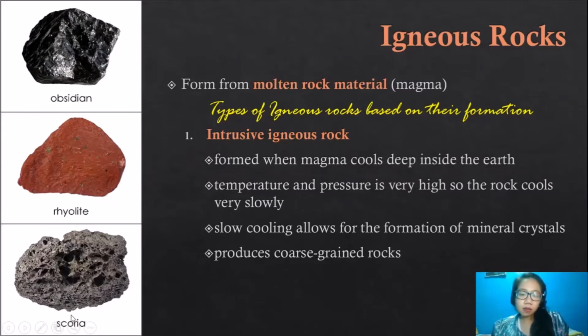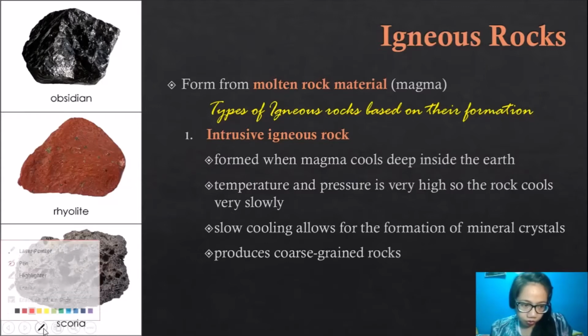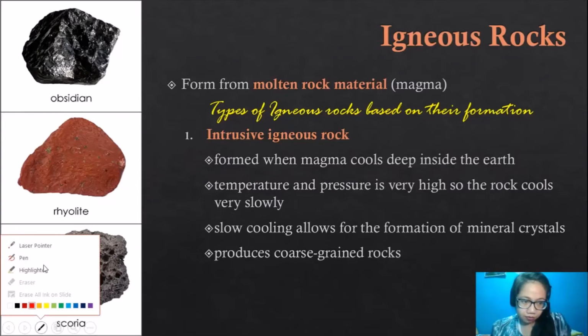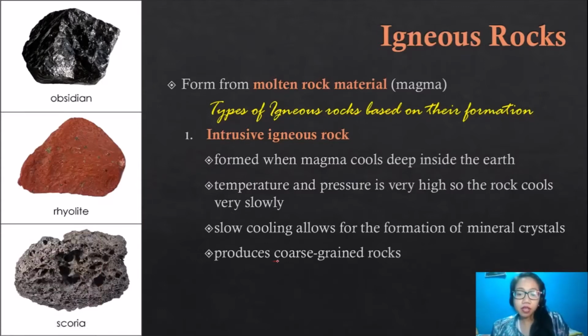Then the main characteristic of igneous rocks which are intrusive is coarse-grained rocks, meaning the components that you see within the rocks are visible, that they have big visible materials inside the rock.